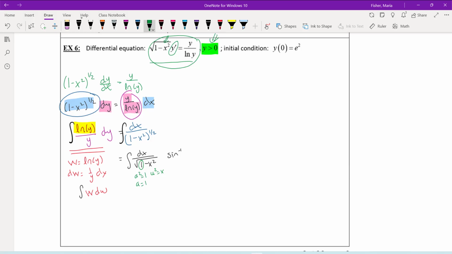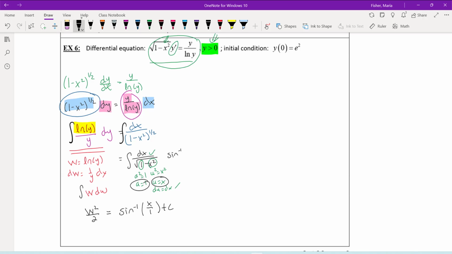That u squared is equal to x squared, because u is always the variable. u is equal to x, and your du is equal to dx, which is perfect, that's what you have. So then this is going to equal w squared over 2 equals, over here, this is just the inverse sine of u over a plus c.